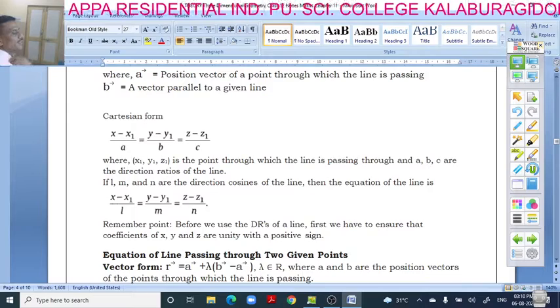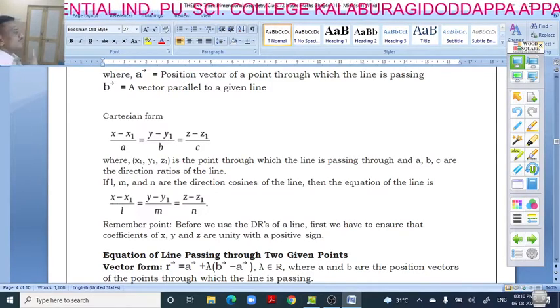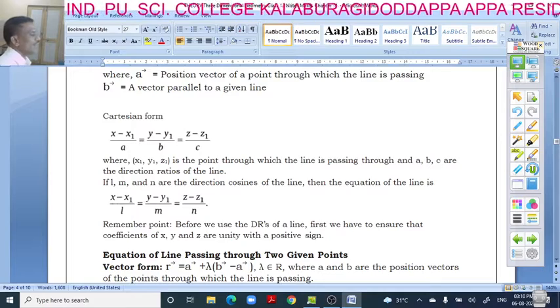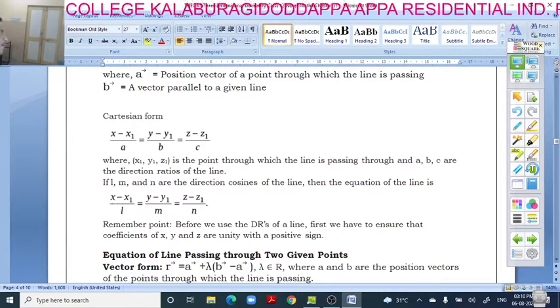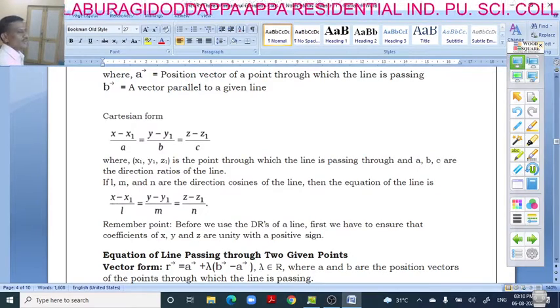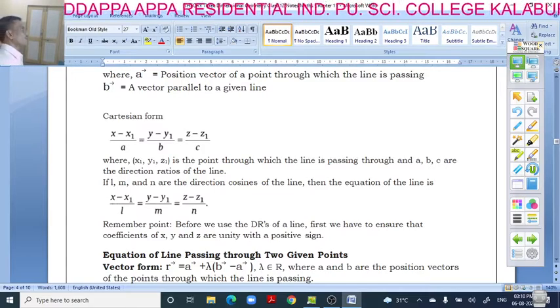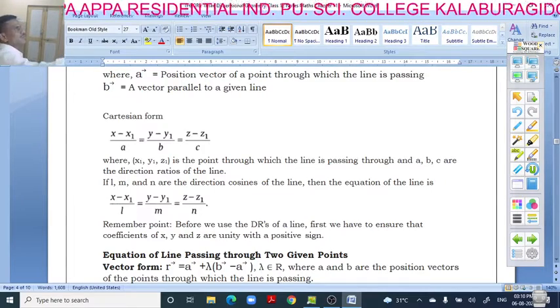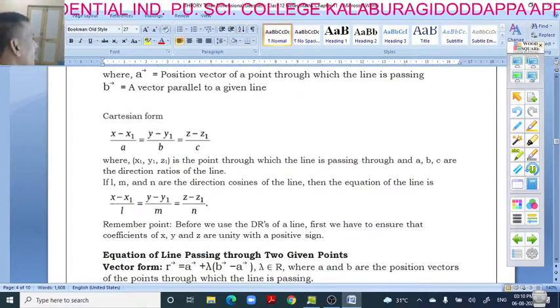Remember the point: before we use the direction ratios of a line, first we have to ensure that the coefficients of x, y and z are unity with the positive sign. In other words, the coefficient of x must be 1. That is the standard form. If it is not 1, you make it 1.